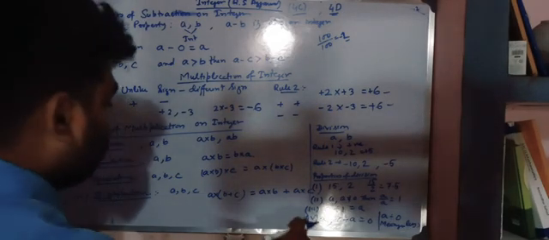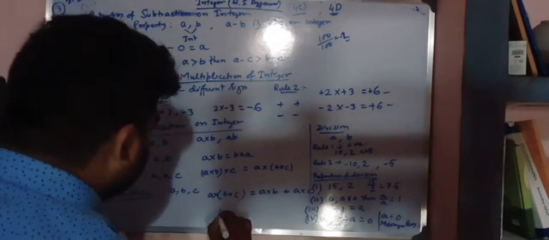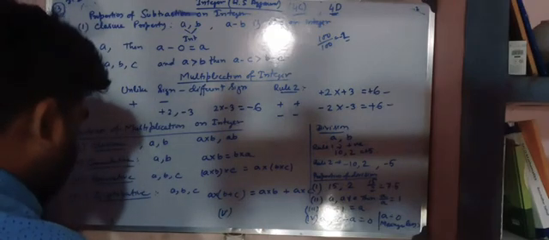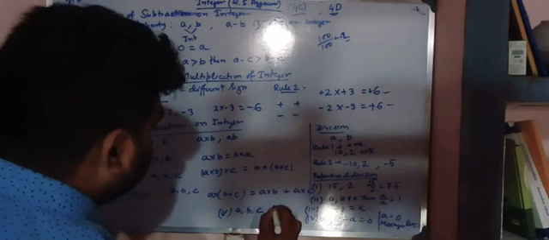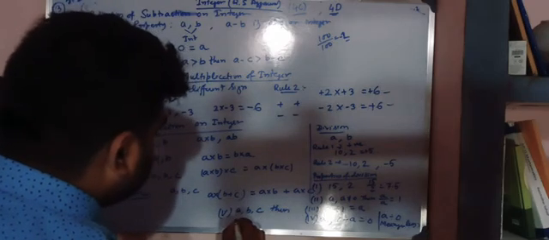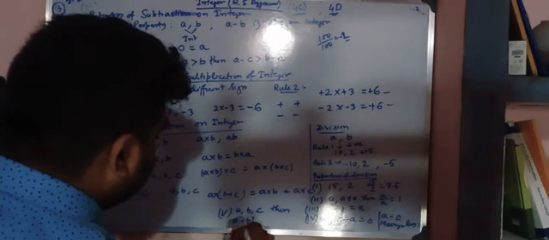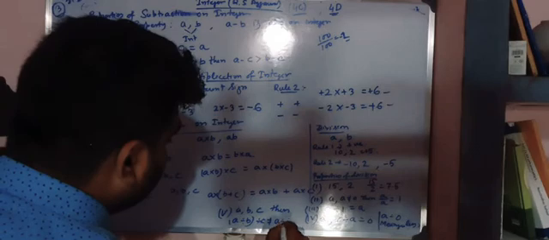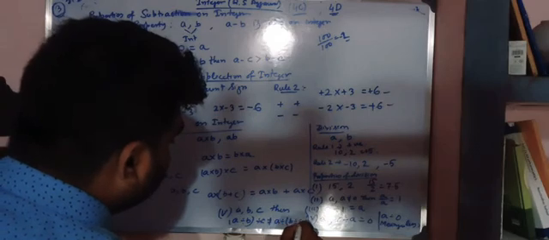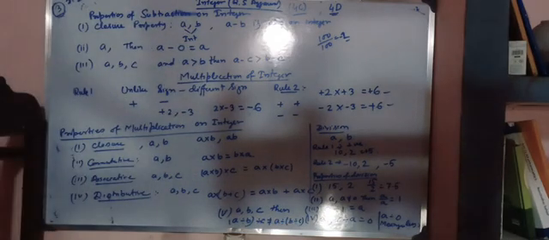Next, property number 5 of division. If a, b, c are three integers, then (a divided by b) divided by c does not equal a divided by (b divided by c). That is, division is not associative.